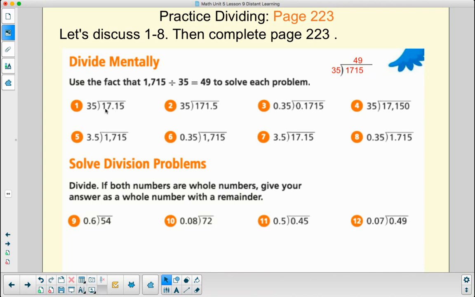So if I know 1,715 divided by 35 is 49, then I know that all I need to do is bring in my decimal, and I'm still going to have 49 here. So my quotient is 49/100ths.